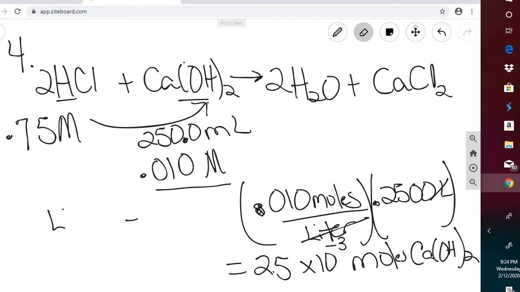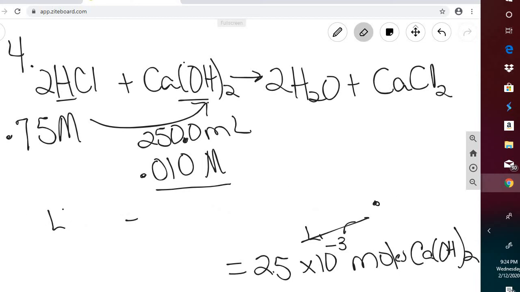We'll erase some of this. Okay, now that we know the number of moles of the calcium hydroxide, we can use stoichiometry to determine the moles of HCl.